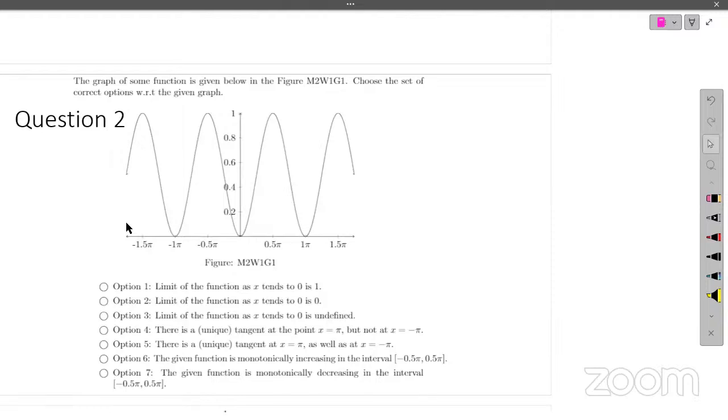So let's take 2 to 3 minutes to solve this question. Just observe the graph, how if you approach a point from the left hand side and right hand side, where the value of the function is going.